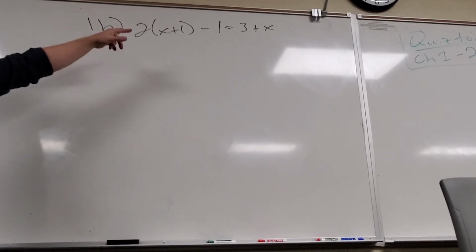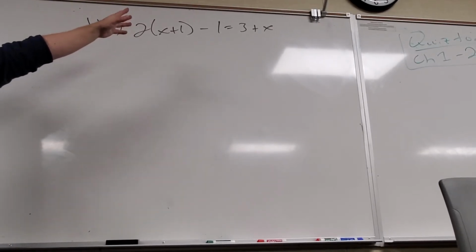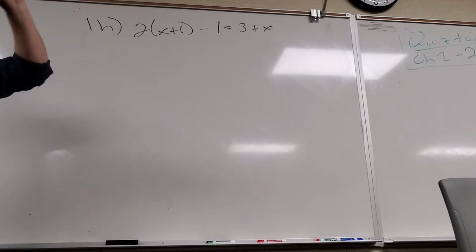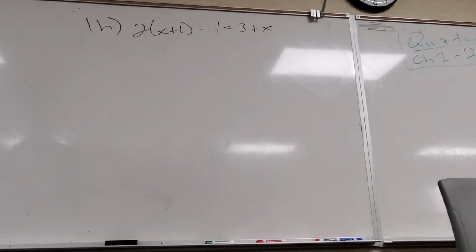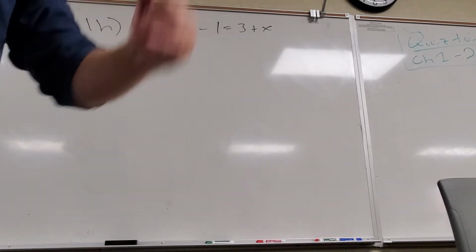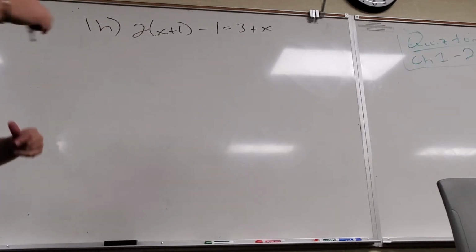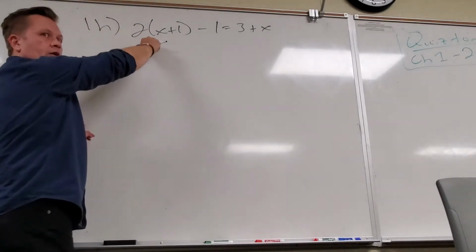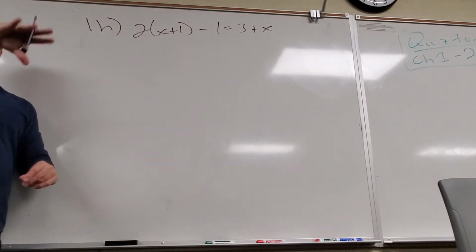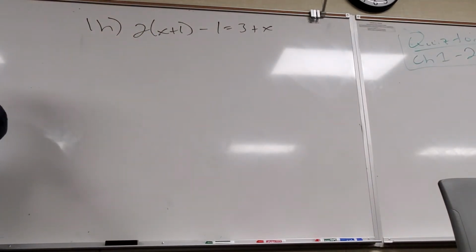So what would I do first here? Distribute the 2. Yes, and the way to realize this is normally what you're trying to do in the first few steps is get your like terms together. But do you see how some of your terms are stuck in here? So I know some of you guys are like, well, of course you distribute first, but some of us are like, I don't remember.